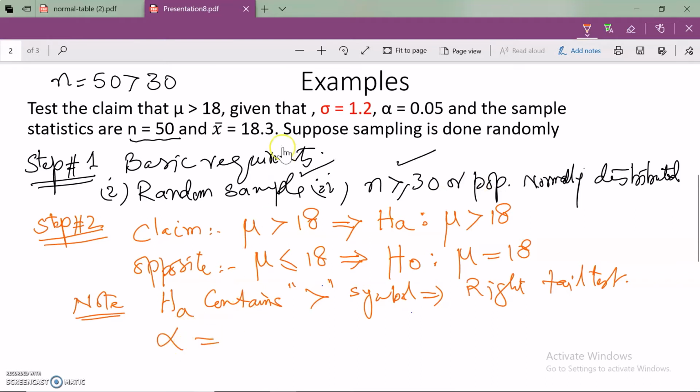Our alpha value: we are performing this hypothesis test at a significance level of 5% or 0.05. So we have completed step number 2. We have our null hypothesis, we have our alternative hypothesis, we have decided what type of test it is, and we have decided what the significance level is.